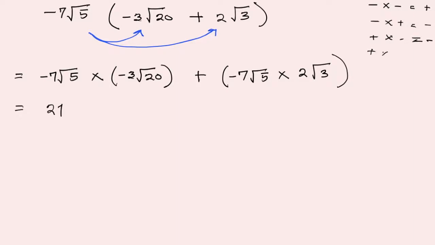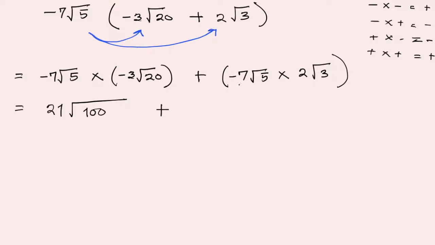And plus multiplied by plus is equal to plus. So when you multiply the same signs, you get a positive sign. And when you multiply different signs, minus times plus or plus times minus will give you a negative sign. So minus 7 multiplied by minus 3 here becomes plus 21. And 5 multiplied by 20 becomes 100.